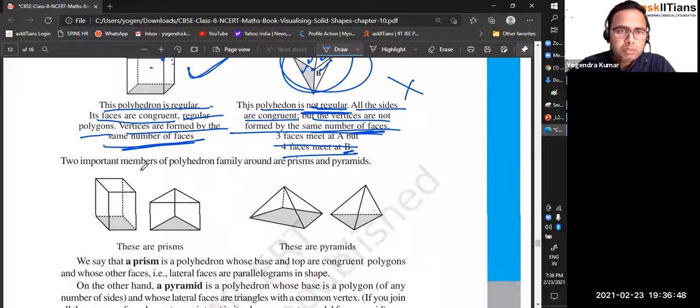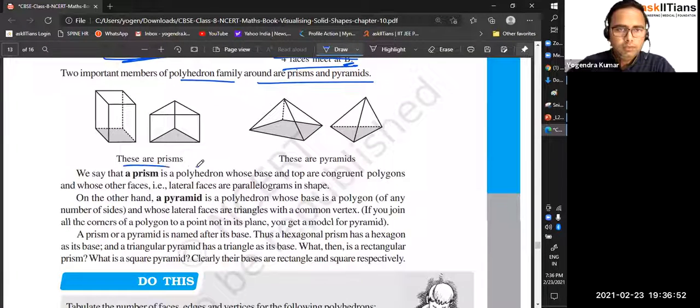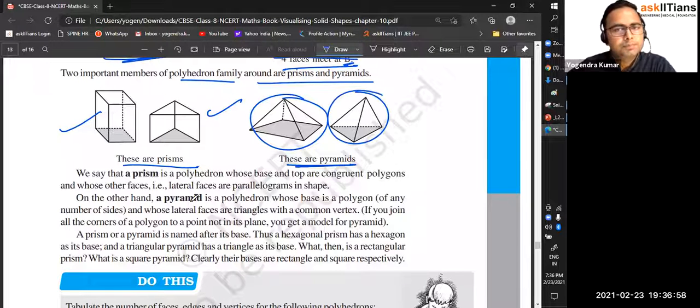So two important polyhedron families. These are prisms, we call them prisms. These are pyramids, right? These are pyramids and these are prisms. This differentiation should be there. We say that a prism is a polyhedron whose base and top are congruent, exactly the same, right?